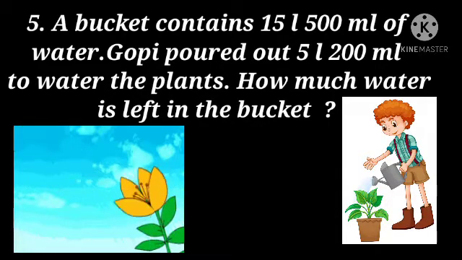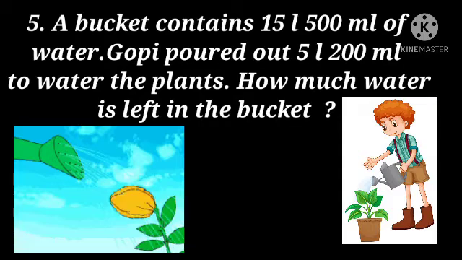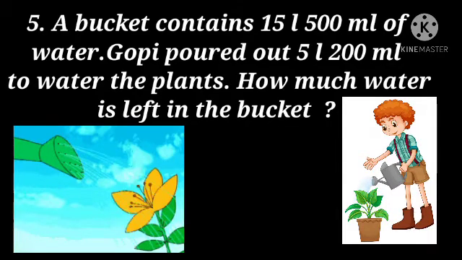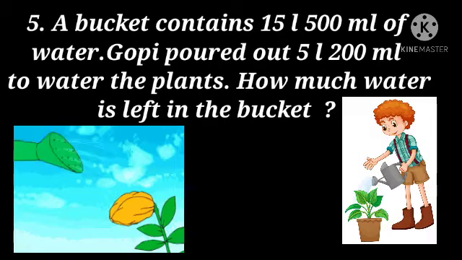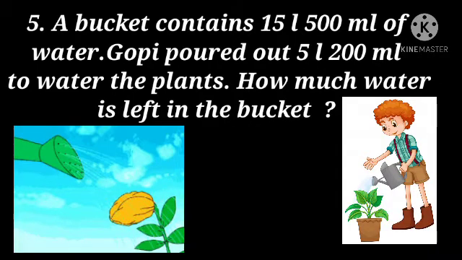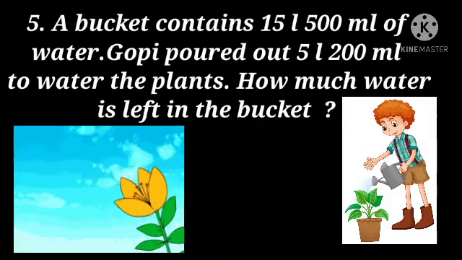Fifth problem. A bucket contains 15 liters 500 milliliters of water. Gopi poured out 5 liters 200 milliliters to water the plants. How much water is left in the bucket? Yes, left. The keyword left represents subtraction.